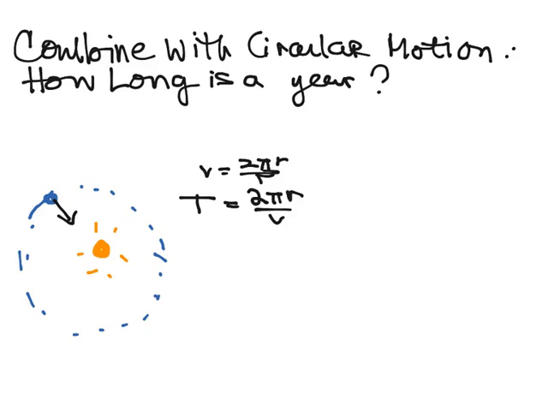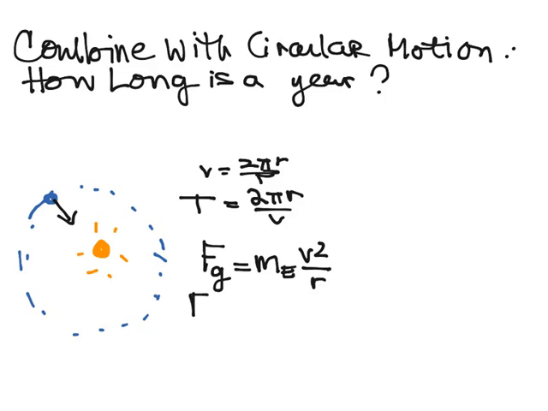Okay, so what I can do is I know that Fg is equal to the mass of the Earth times v squared over r. And I know that v is 2 pi r over t.